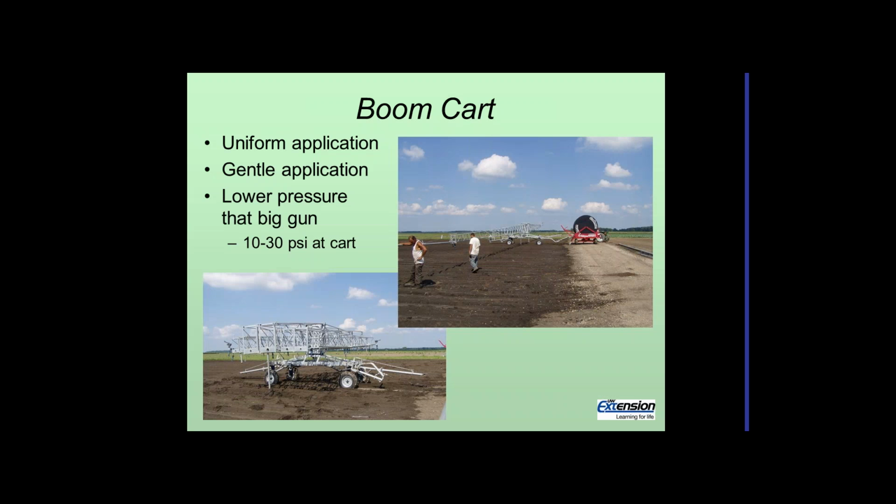Another adaptation to a traveling gun is a boom system. This one I actually found in Ohio, but just to keep you informed of what's out there. These have more uniform application, so that's good if you're doing veg crops. Basically, they can run at low pressure at the boom.